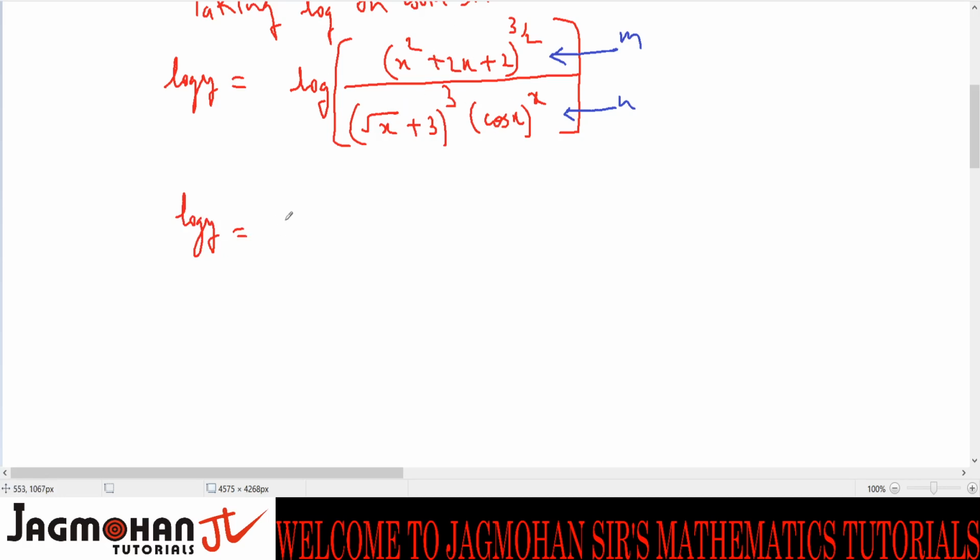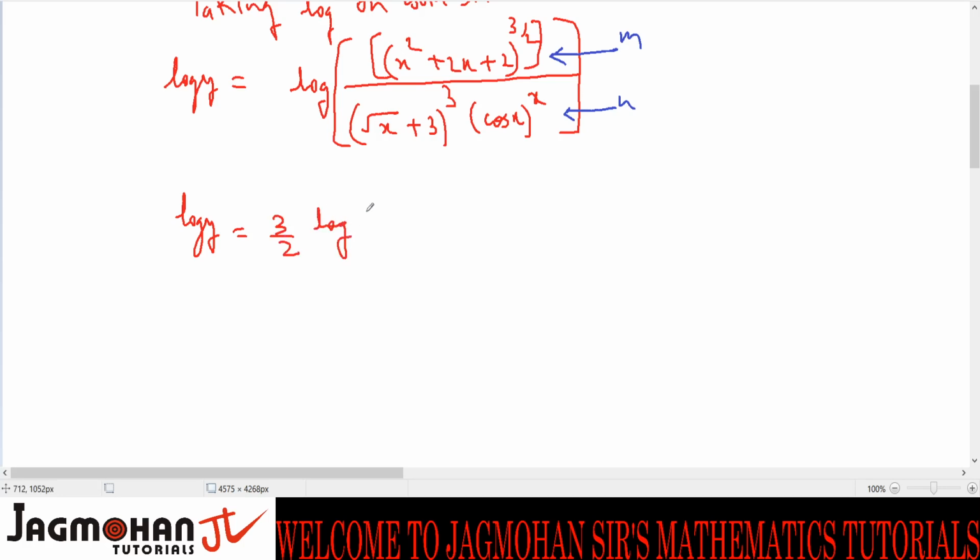So let me go a bit faster. Log of m. Now you understand, when I write log of this numerator, this 3 by 2 is the power of this. So I will have log of a raised to b type, so that will be b log a. So you will have 3 by 2. I hope you understand.